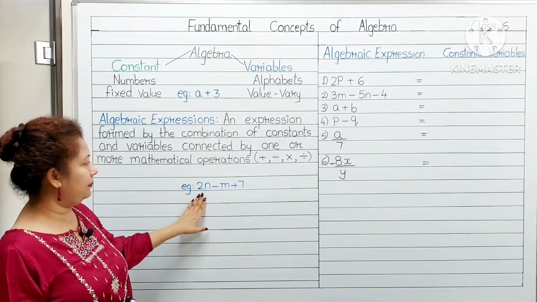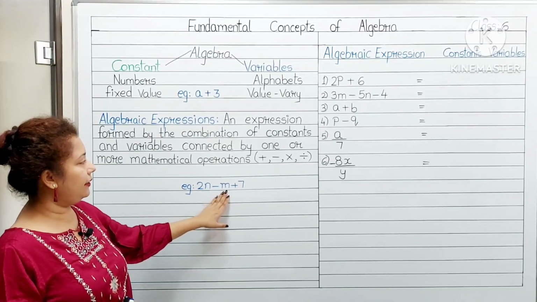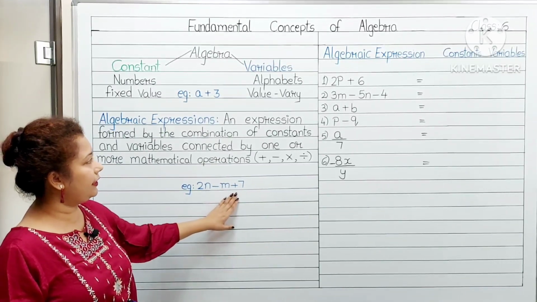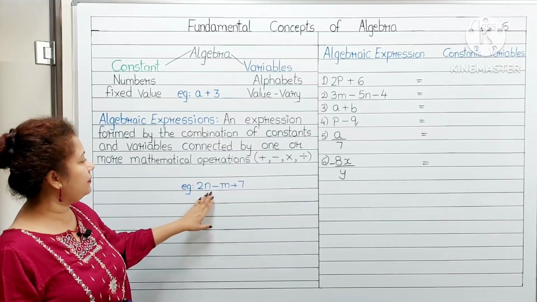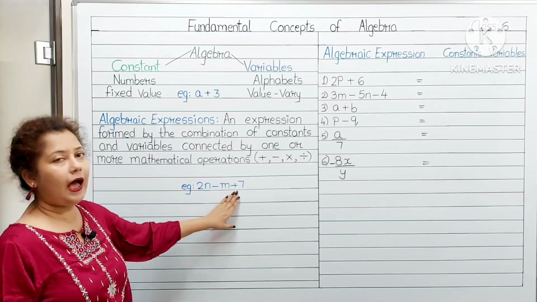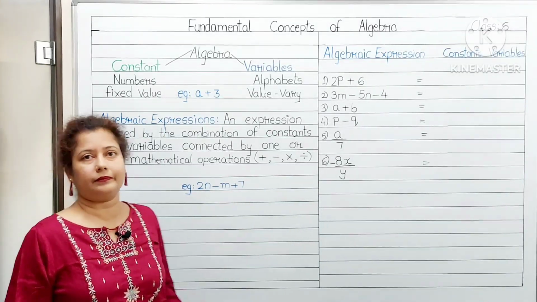In the second example, 2n minus m plus 7, here the constants and variables are connected by two mathematical operations, that is subtraction and addition.